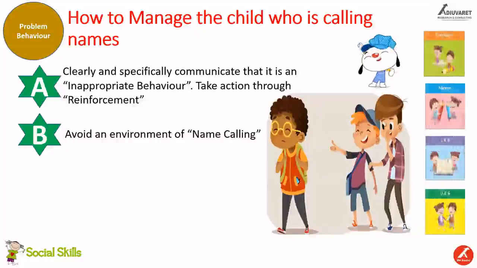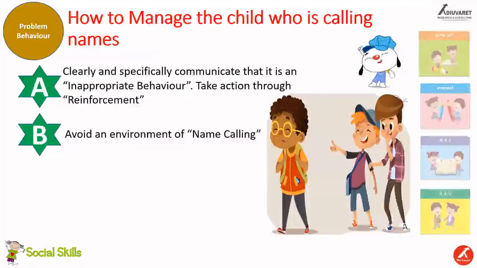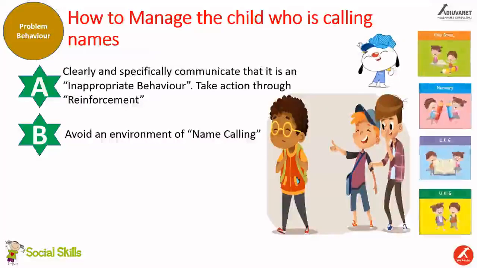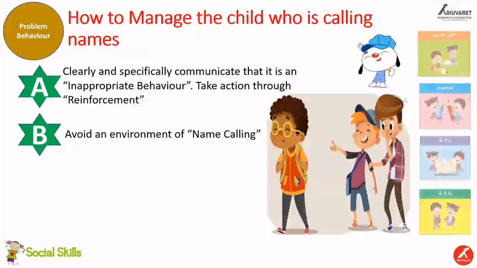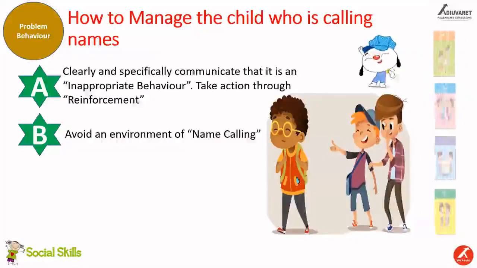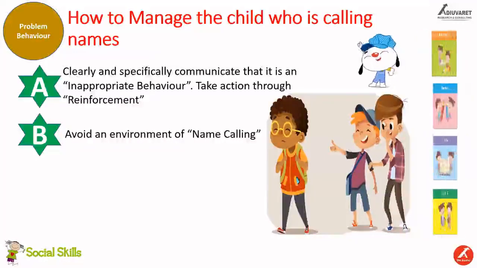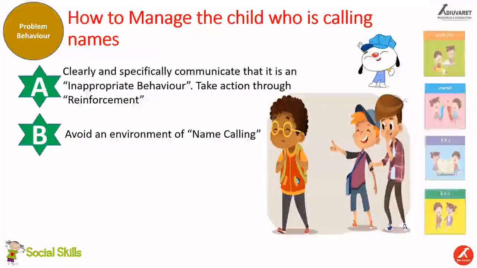Second is to avoid an environment of name calling. As we have discussed, when a child sees that name calling is a common practice, the child will also follow that same culture. And it is not the child's fault if we just try to correct the child without correcting the culture or environment of name calling to which the child is continuously exposed.